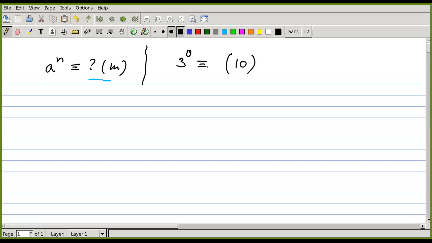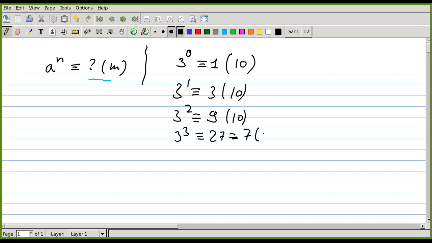If I take 3 to the power 0, that is 1, I will obtain 1, of course. 3 to the power 1 is 3 modulo 10. 3 to the power 2 is 9 modulo 10, while 3 to the power 3 is 27 or 7 modulo 10, and then 3 to the power 4 is 81 or 1 modulo 10.